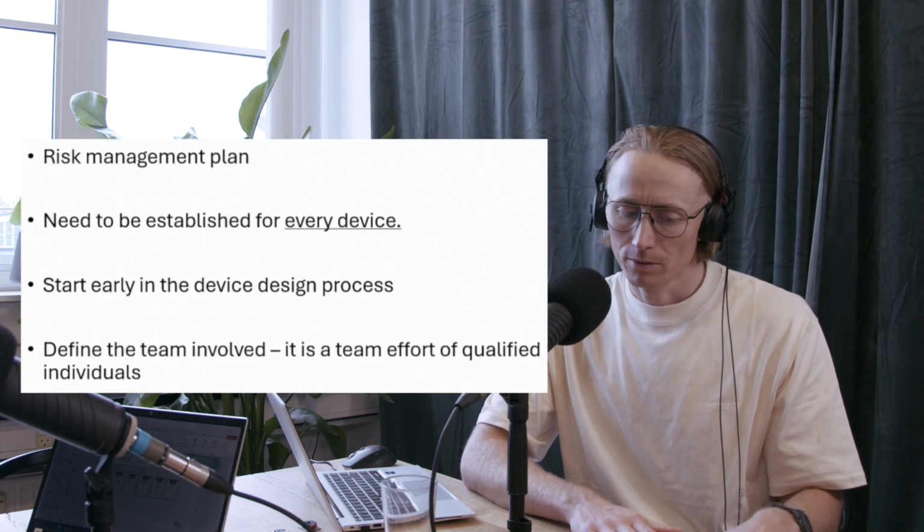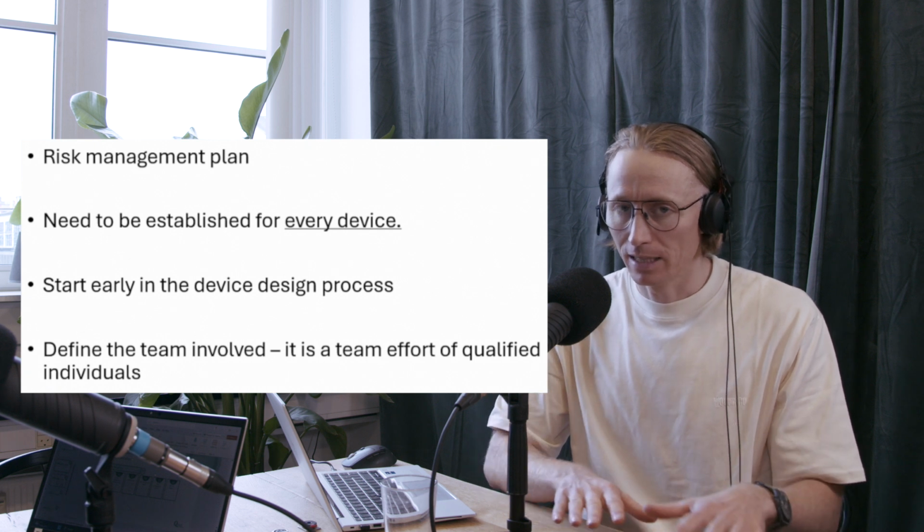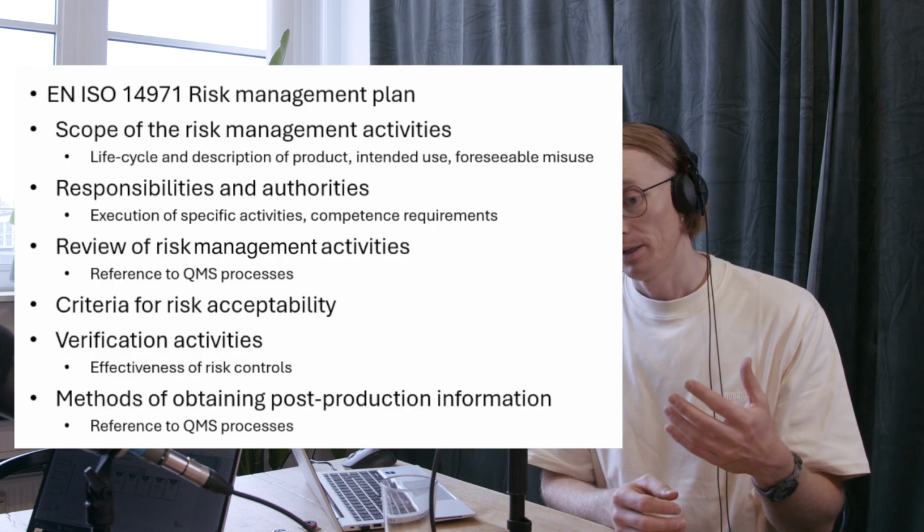Because you have your standard dictating how you come from a risk to a hazard to a harm and how you then evaluate and mitigate. But besides that, there are also certain items that you need to have in your plan describing how you are actually going to evaluate risks. And that is not fixed.